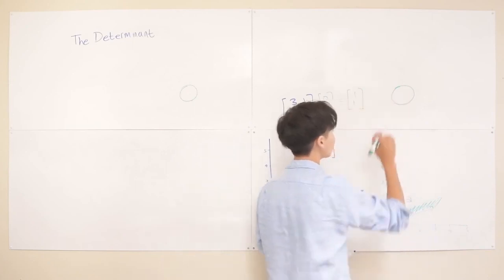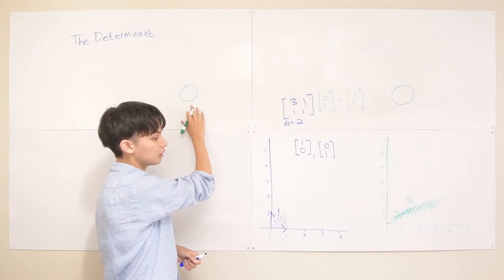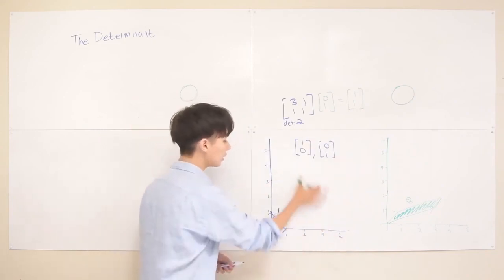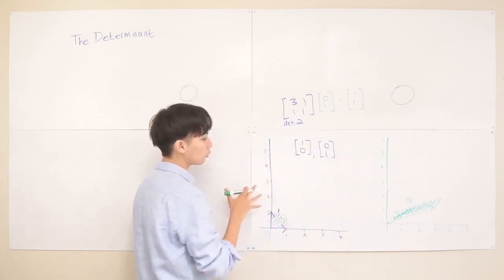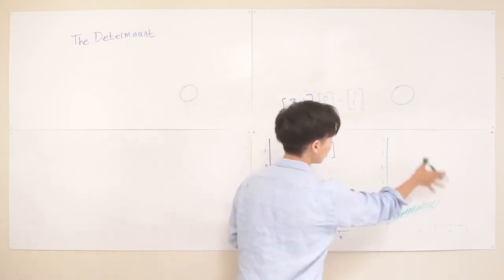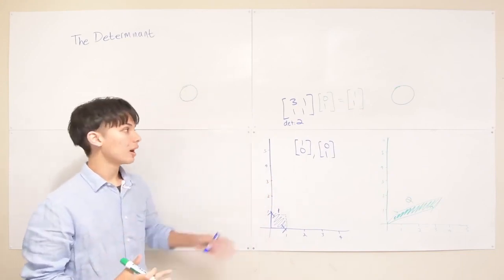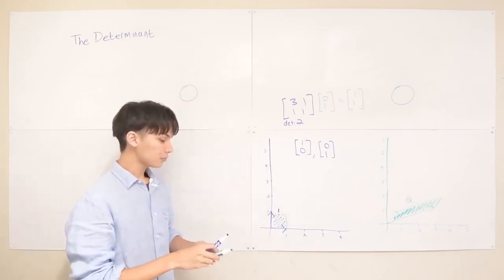And this circle will also be 2 times the area of this circle. So any area in this coordinate plane will be multiplied by 2, scaled by the determinant after undergoing the transformation. So the determinant just tells us how area scales after undergoing this transformation.